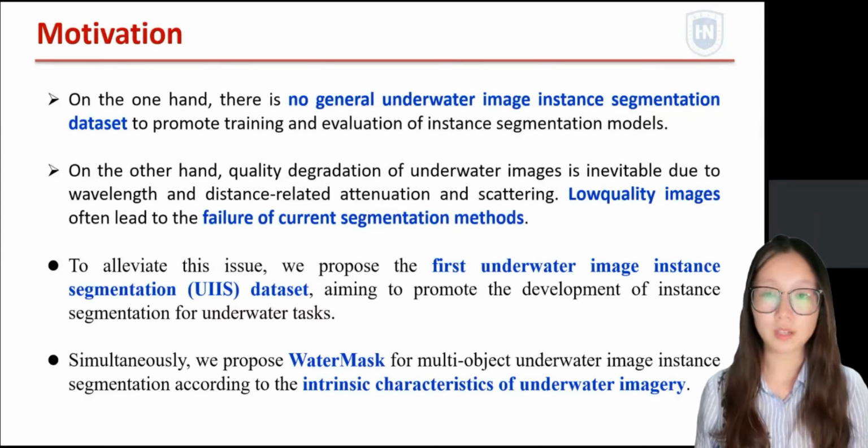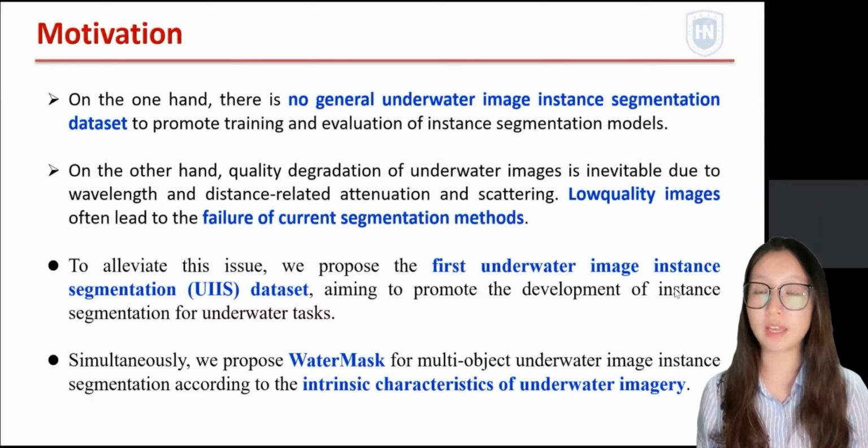To address the issue, we propose the first underwater image instance segmentation dataset, aiming to promote the development of instance segmentation for underwater tasks. Simultaneously, we propose WaterMask for multi-object underwater image instance segmentation according to our underwater imagery.